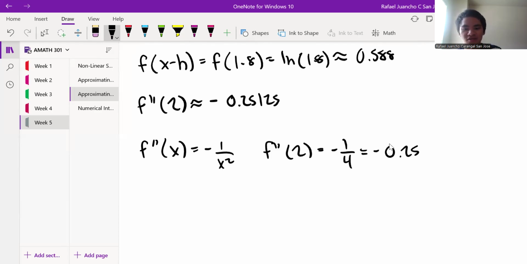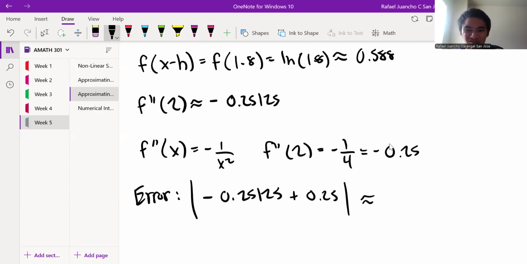And then when we calculate the error, well, it's just the absolute value of both of these stuff. And that's around like what, 0.00125-ish.